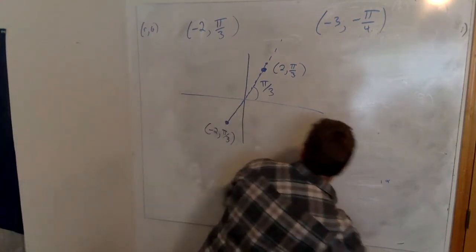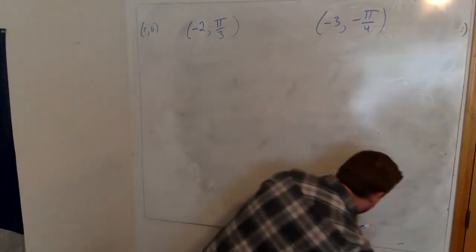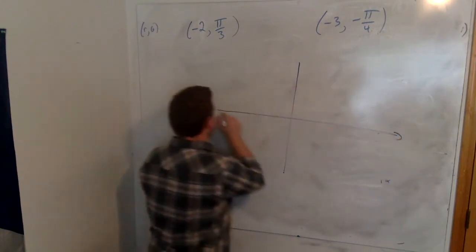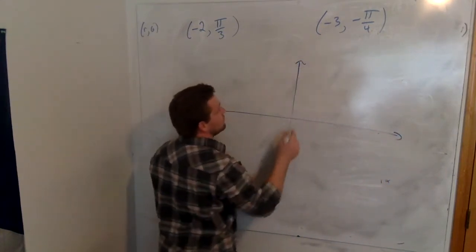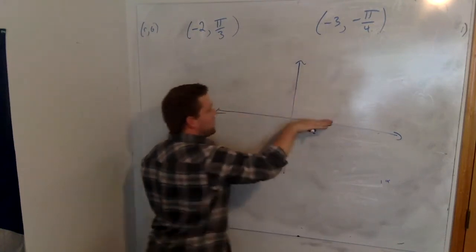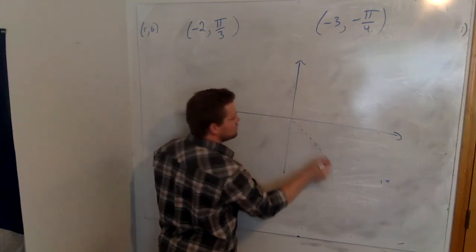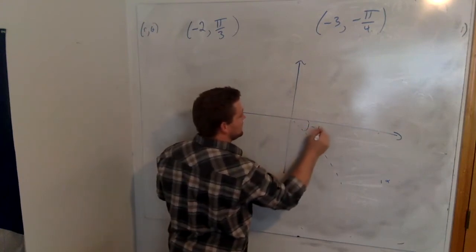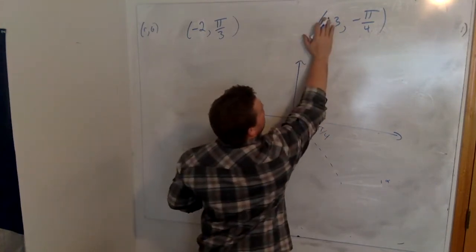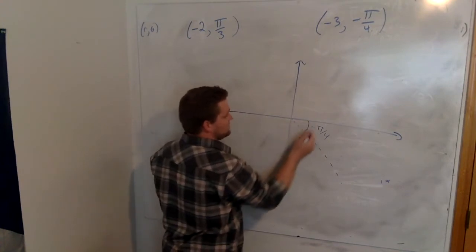Okay, let's do this next one. So I have a negative radius and a negative angle. Instead of going counterclockwise pi over 4, I'm sorry, we go clockwise pi over 4. Okay, so here's an angle of negative pi over 4. If it was the point 3 and negative pi over 4, we go in the direction of the line that's touching the angle.